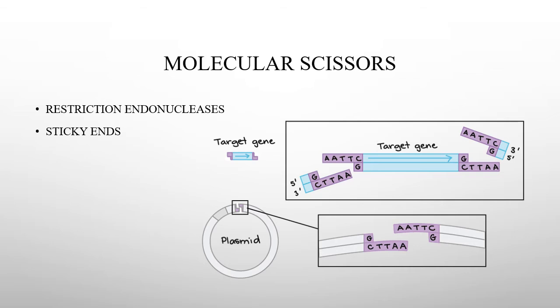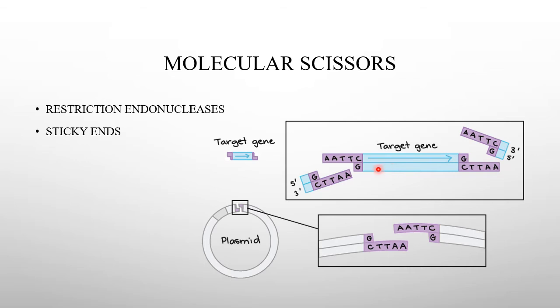These enzymes cut the DNA at very specific sites, and I am showing the DNA here. The restriction enzyme cuts the DNA at a specific site. These are the sites: AATTC, read from 3' to 5' and 5' to 3'.